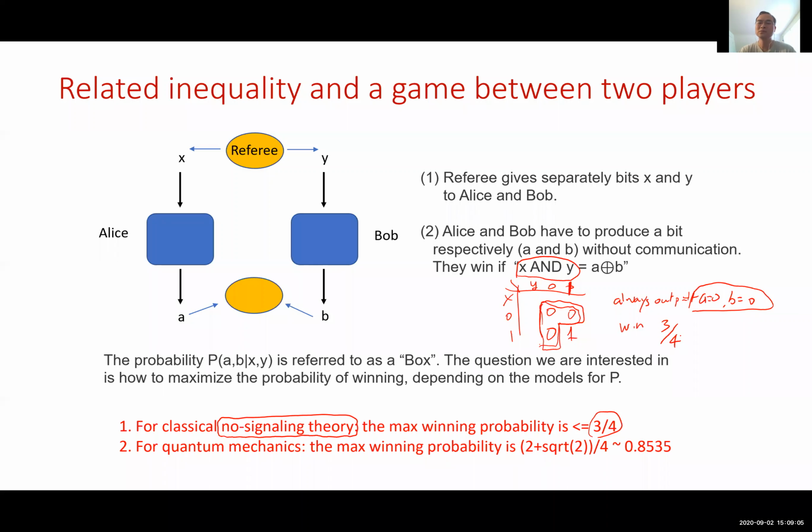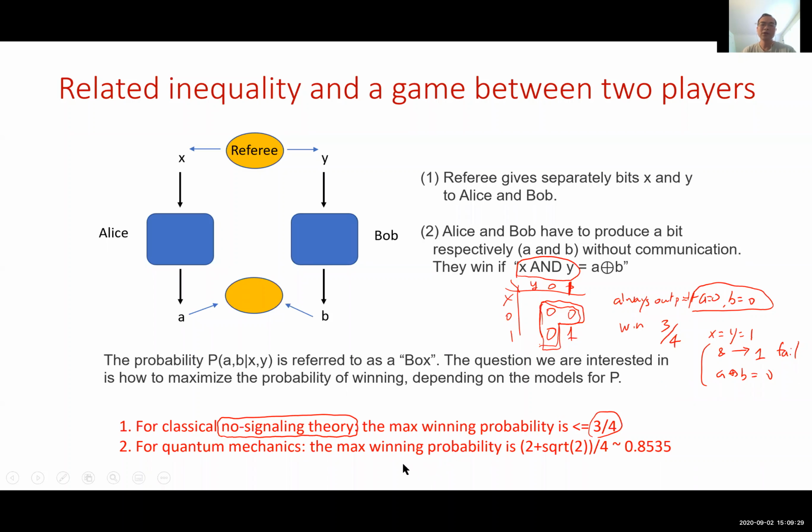And it turns out that this is the best strategy you can have. It fails when X equal to 1, Y equal to 1, the AND gives you 1, but A and B are 0. So this is the case where you fail.